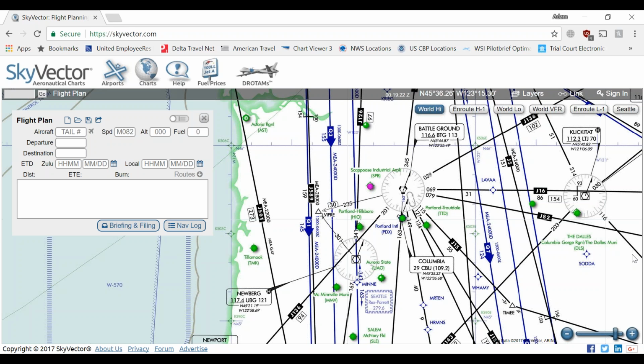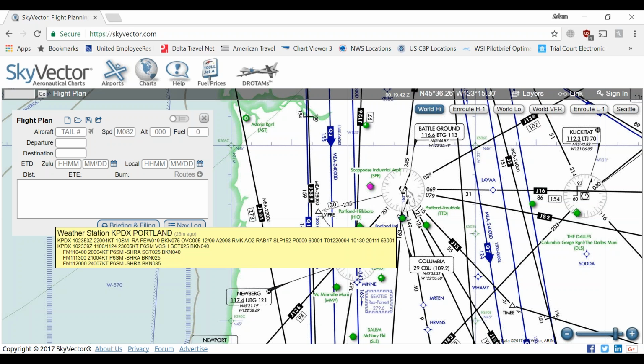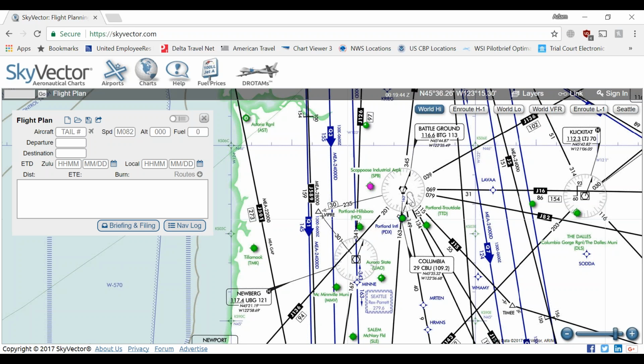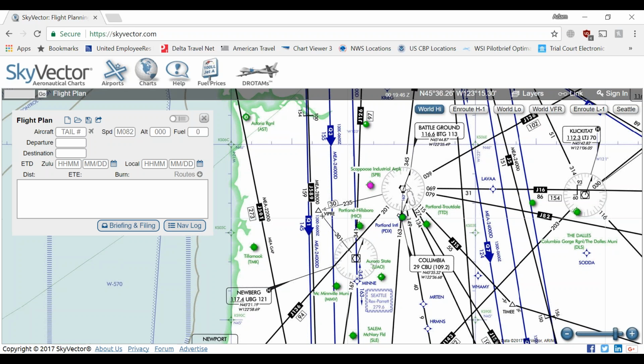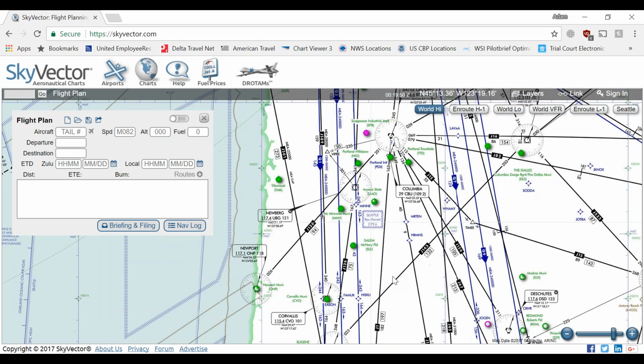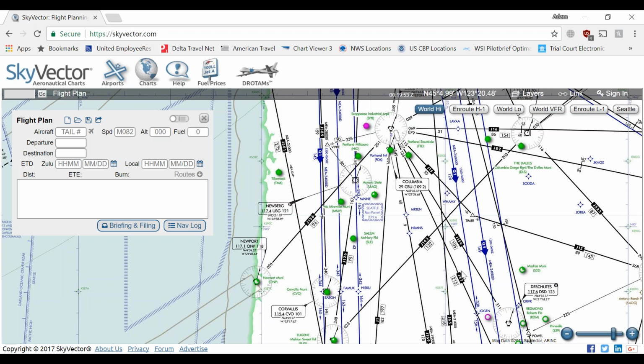In this case, you do have to go a little tiny bit north to get to it, but it's probably only 5 or 6 miles. It's still probably less out of the way than going in a different direction. So that's kind of what my thinking was when I did the route: Portland direct to this VOR. And then from there, I have all of these different jet routes. I've got the J1, J189, J67, J159, all 4 of these that start going south. So for me, I picked J67.